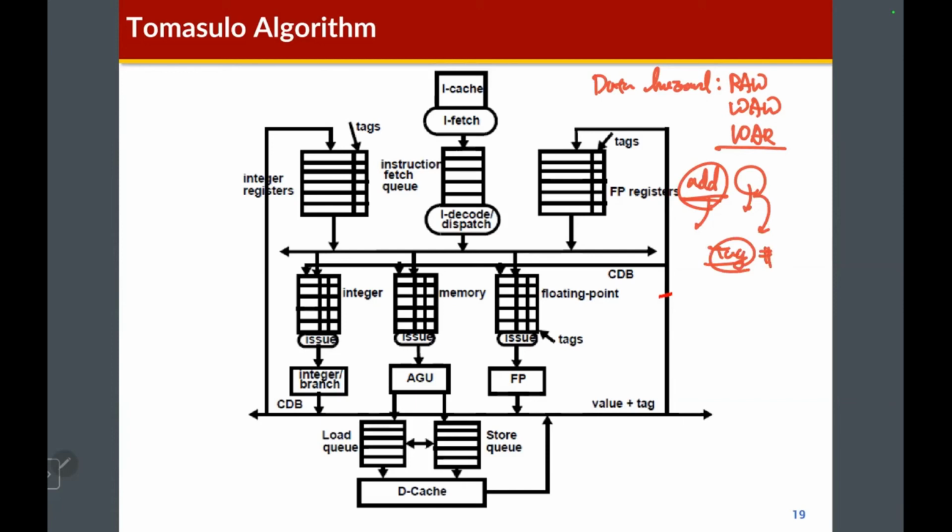Which means that while this instruction is being executed in the backend, we just handle the tag, not the register number. So this is important. And I already explained how we can solve the WAW hazard and WAR hazard with this tagging. Okay, all right.